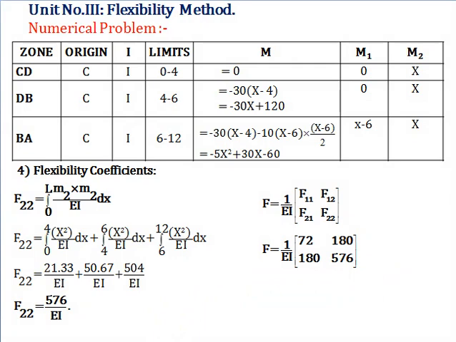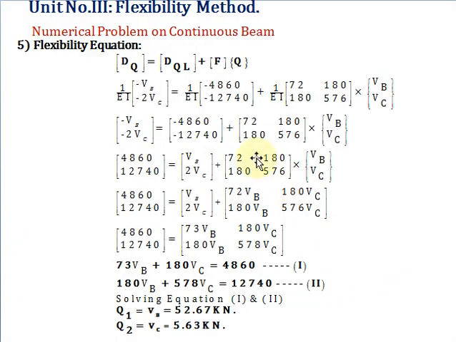Now after finding the dq matrix, dql matrix, F matrix and Q matrix, we put all these values in the flexibility equation, which is also called the equilibrium equation in the flexibility method. The equilibrium equation is dq matrix equal to dql plus F into Q. Here the dq matrix is 1 upon EI bracket minus VB, minus 2BC, equal to the dql matrix, 1 upon EI, minus 4860, minus 12740, and the F matrix is 1 upon EI in square bracket 72, 180, 180, 576, and the Q matrix is VB, VC.